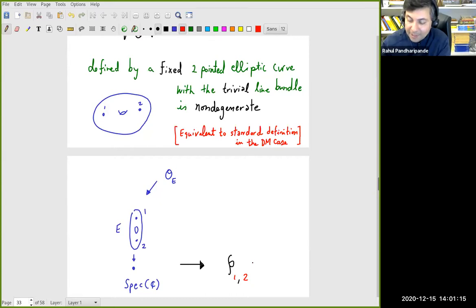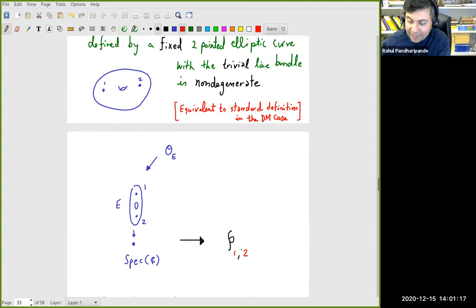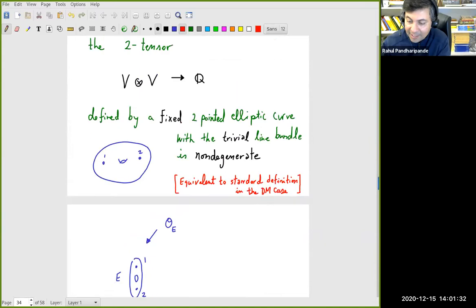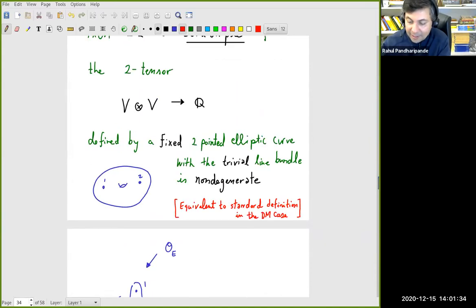This gives me a map to the Picard CohFT, and I can pull back this class genus 1 with 2 points. It eats two vectors and gives me a map from 0 to 0, and that's a number, so it gives me some tensor V to Q.